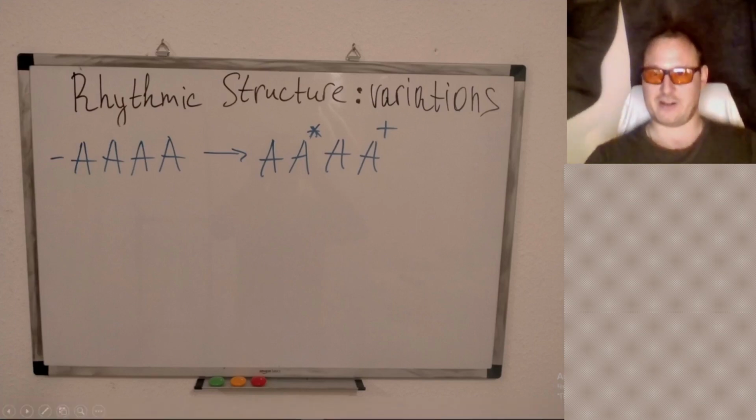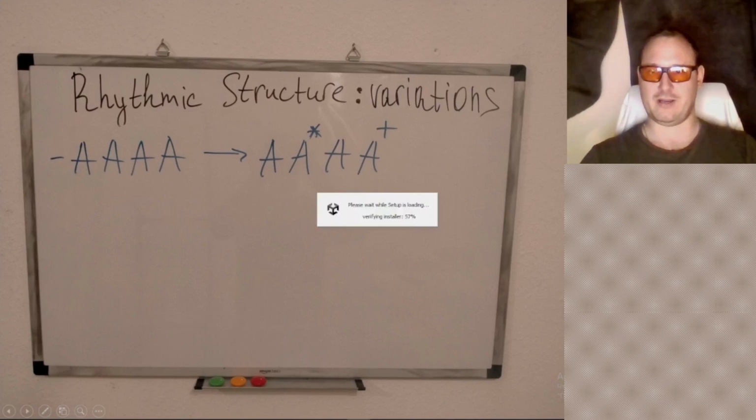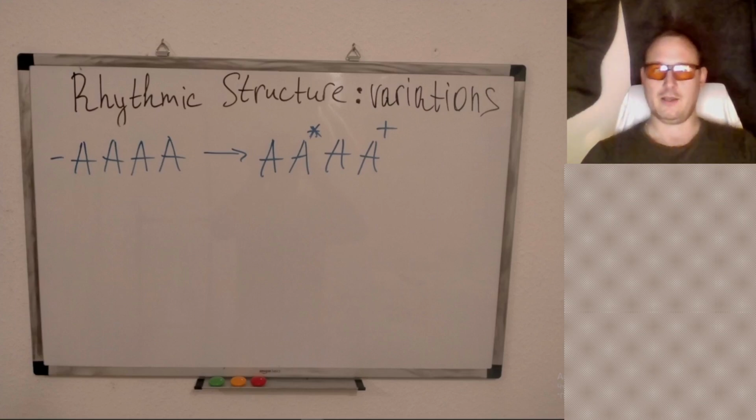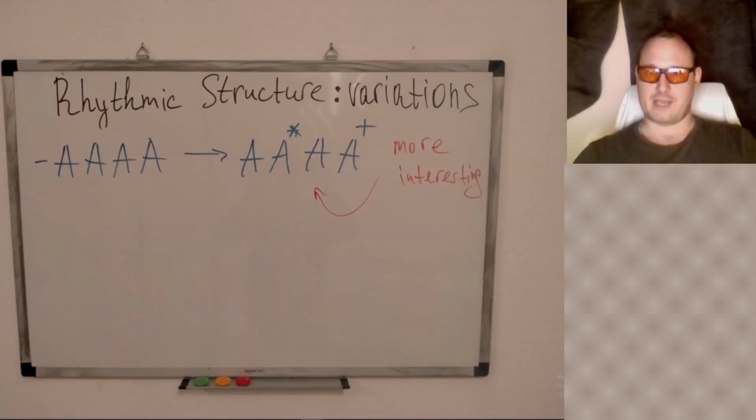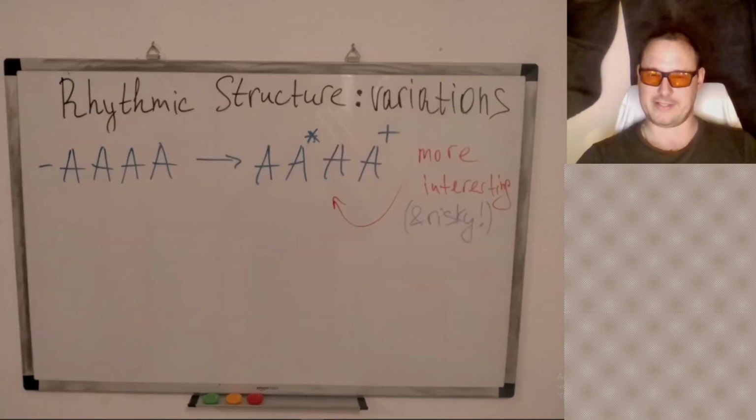Of course, here the asterisk and the plus should be somehow similar to A. That's why they are based on A. It makes it actually more interesting, but at the same time more risky, because if you make it too different, then you may lose your structure. It will not be captured by your ear and will be more chaotic instead of orderly.